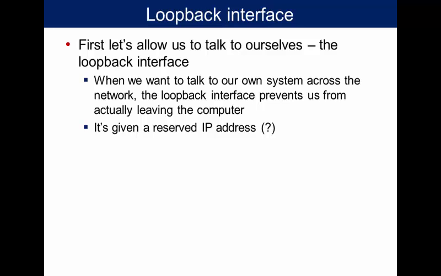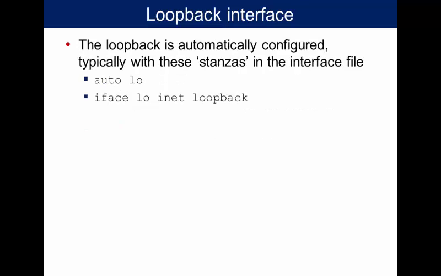So first, let us look at the loopback interface. It's called lo, right? When we want to talk to our own system across the network, the loopback interface prevents us from actually leaving the computer. Therefore, we say lo for the loopback. Loopback is typically configured automatically within these stanzas in the interfaces file.